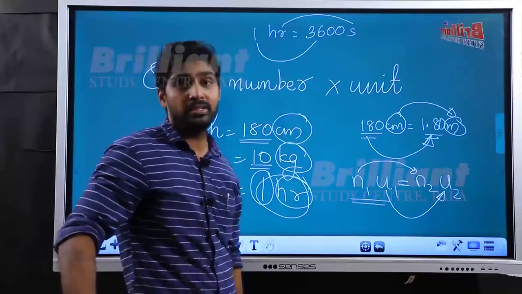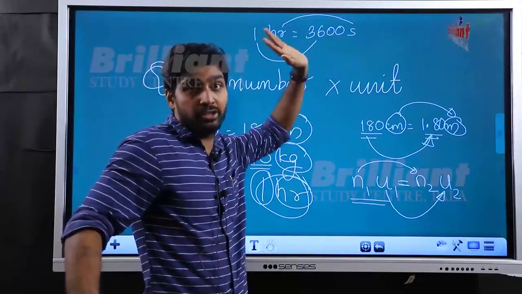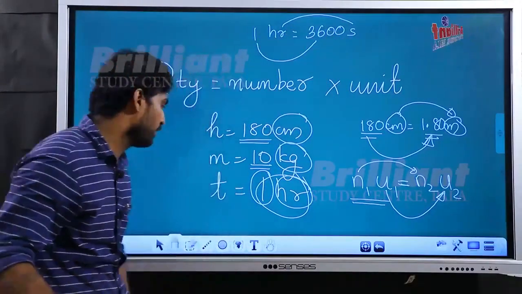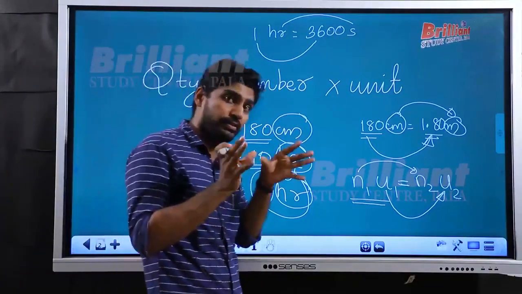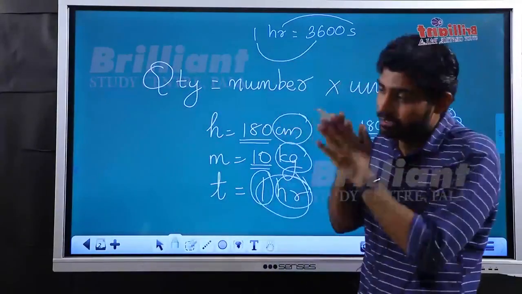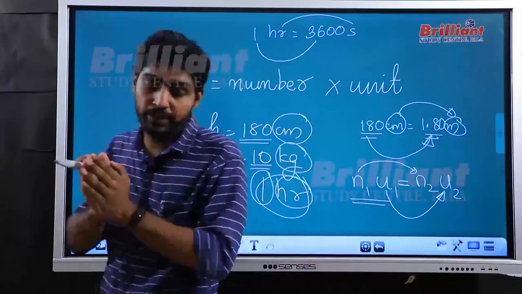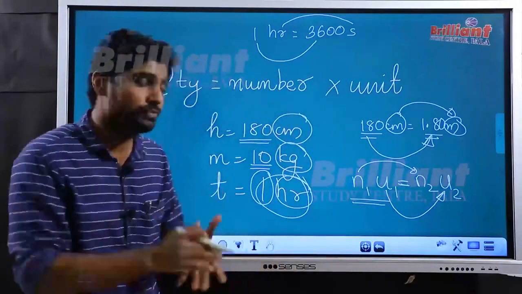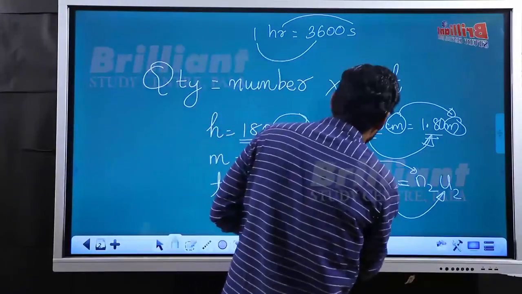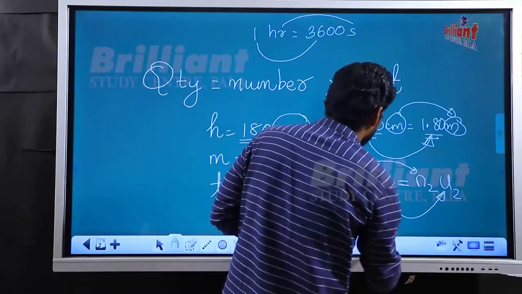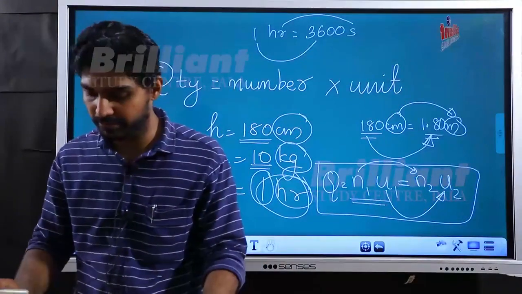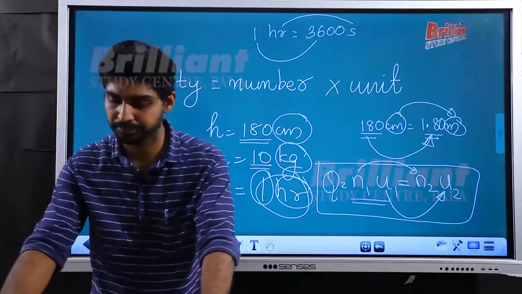Whether it is 1 hour or 3600 seconds, both are meaning one and the same. So you'll have to keep this in mind. We can convert a physical quantity from one unit to another. While converting, the number will change, the units will change, whereas the actual value of the quantity remains the same. That is one useful principle that we'll have to keep in our mind.